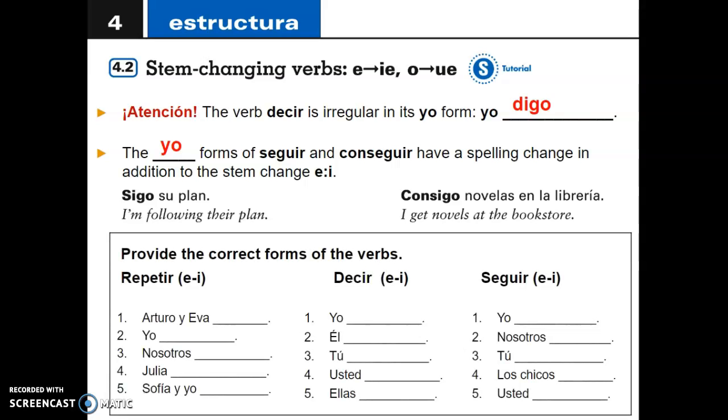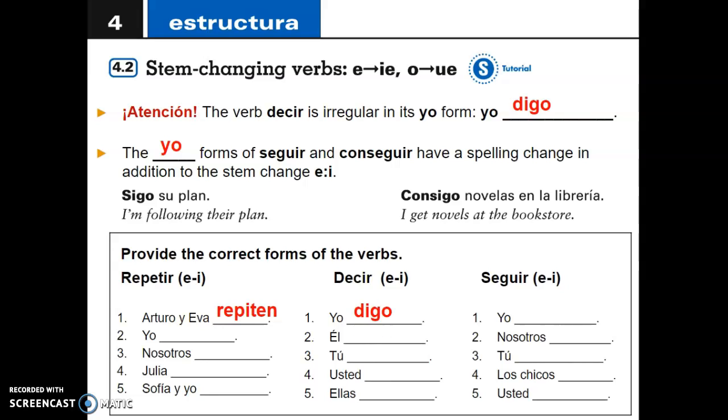Alright, so here we are practicing E to I. I'll give you a few examples to work with, and then you will be able to do this on your own. Repetir. So it's repiten Arturo y Eva. For the yo form of decir, what are we going to do? It's actually on this slide still.